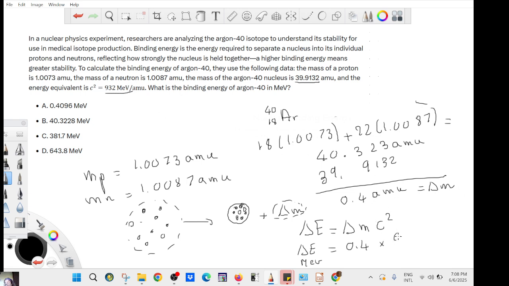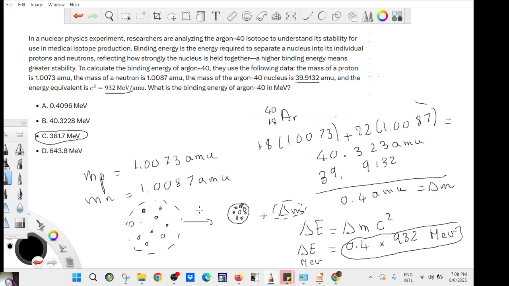It's given, so 932, and that's going to be MeV. And that will be the answer. So you multiply by 4, divide by 10, and you get about something like this.